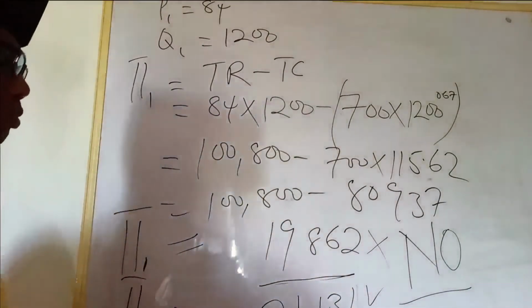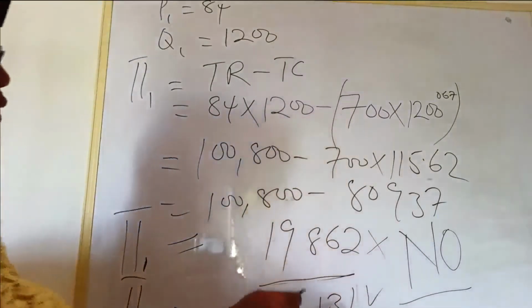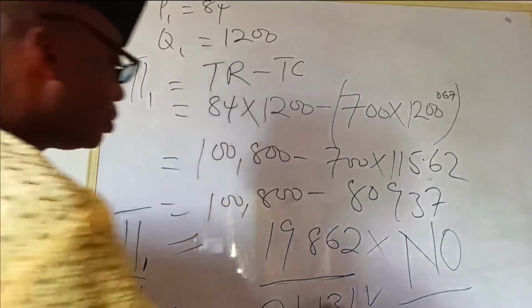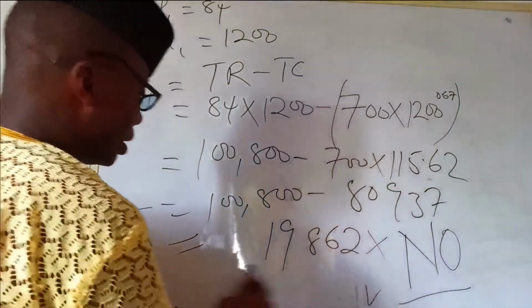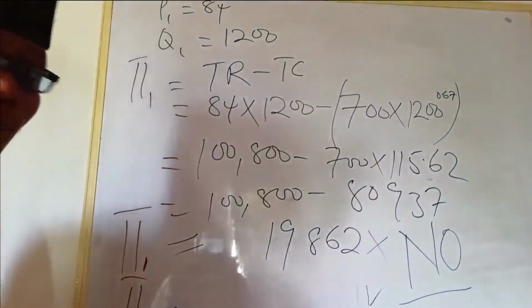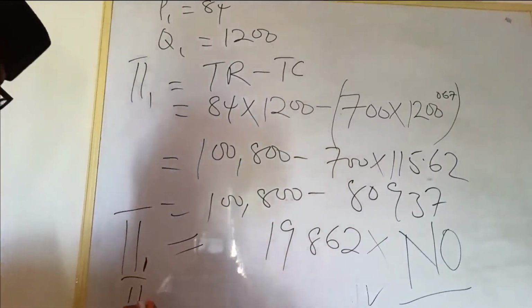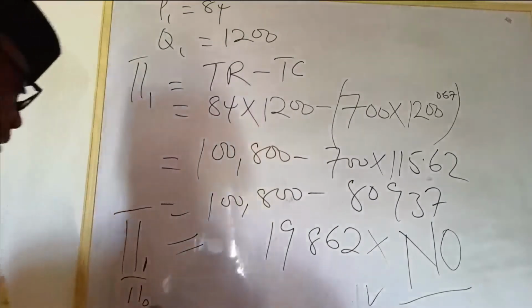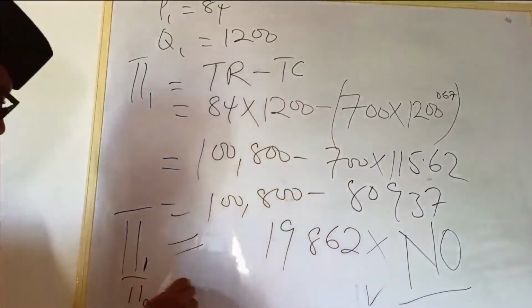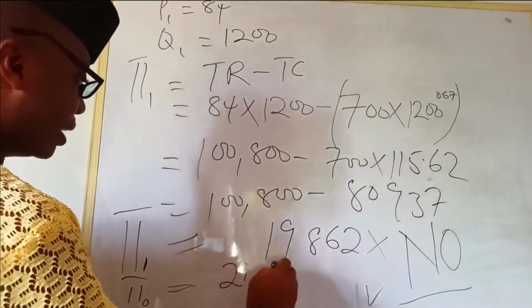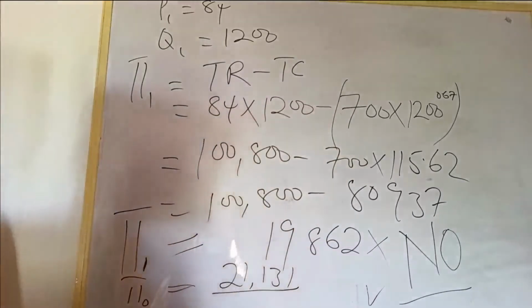No, because 21,131, let me write this up. The first one we had, pi naught, gave us 21,131, which is our first profit.